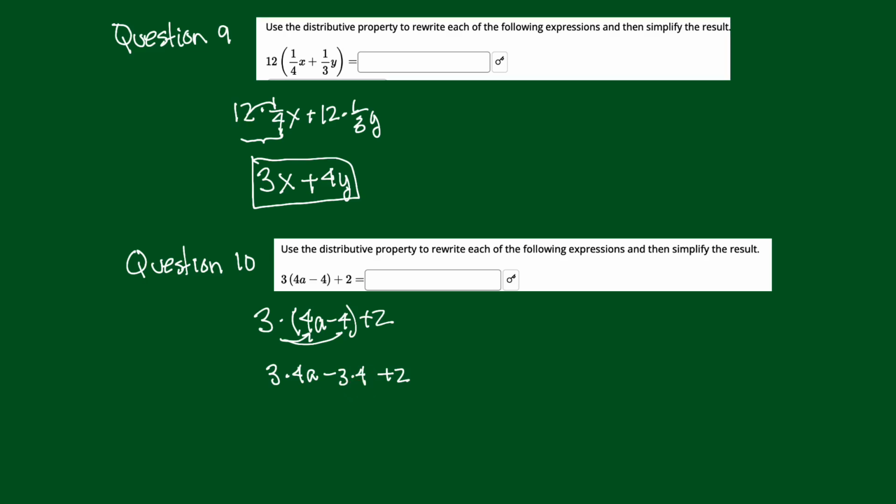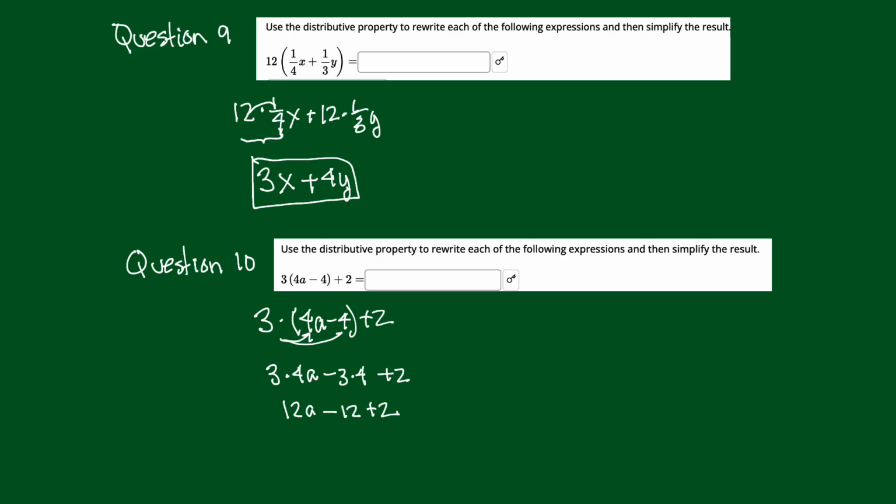So this will give us 12a, then minus 3 times 4 is another 12, plus 2. Now I have a subtraction here, but I can't really subtract 12 from a 12a. But I'm going to think of it this way.